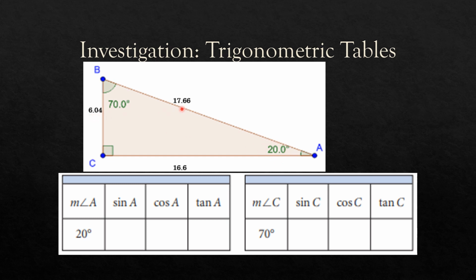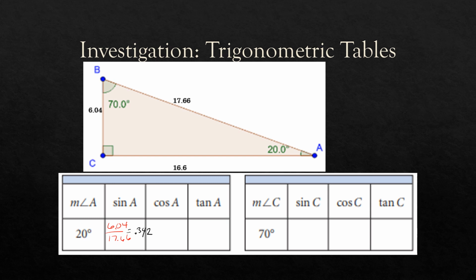So I'm going to put 6.04 divided by 17.66. And I found that that fraction became the decimal 0.342. So then for cosine, I'm going to do my adjacent. That'd be 16.6 over 17.66.